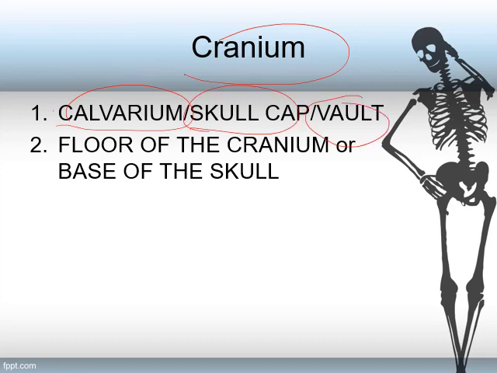Okay? So, they mean the same: either calvarium, skull cap, or skull vault. The lower portion of the cranium or the skull is referred to as the floor of the cranium or the base of the skull.